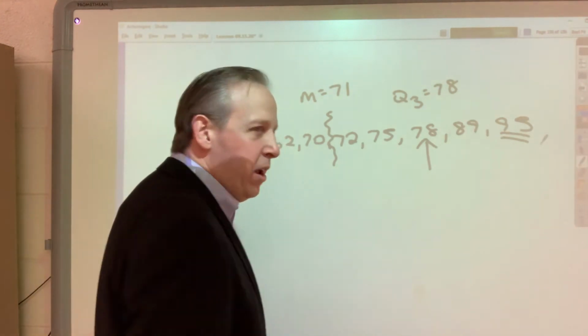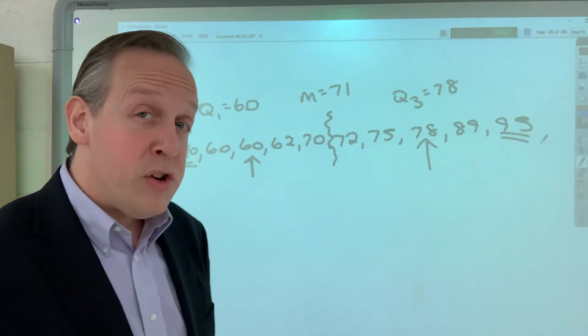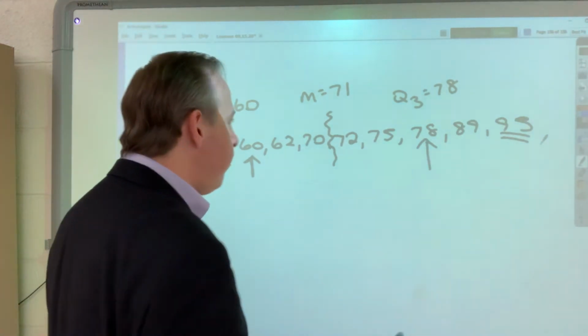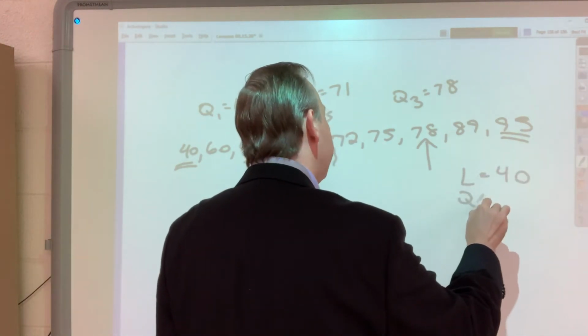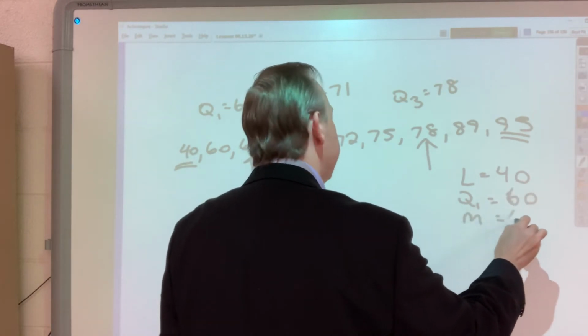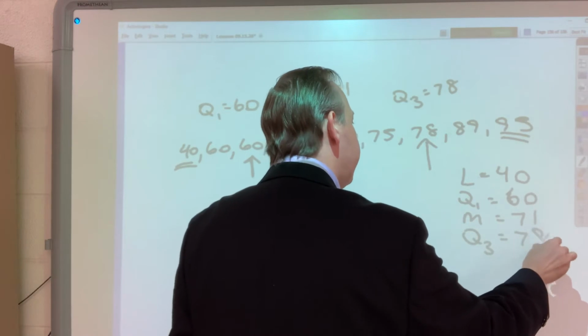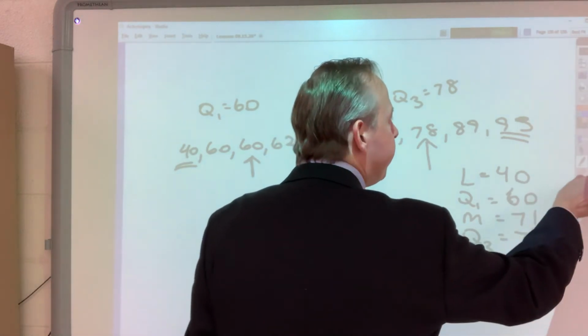I'm just going to write them down, and then I'm going to erase my data set because I really just need the 5-number summary to make my box plot. So the low is 40, the Q1 was 60, the median 71, the Q3 78, and the high 95.